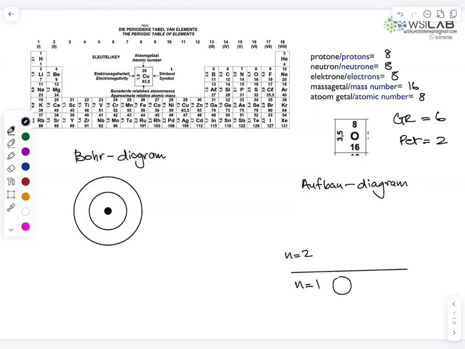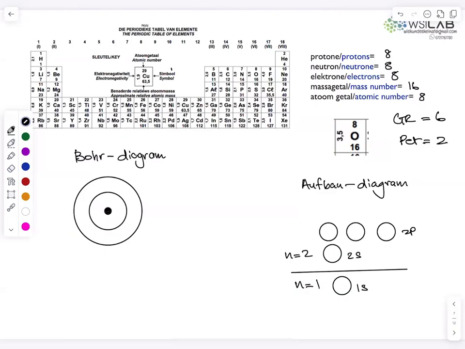And in 1, there's a 1s orbital. And in 2, there is a 2s orbital and 3 other orbitals. They're called p orbitals, 2p orbitals. And then I fill in.